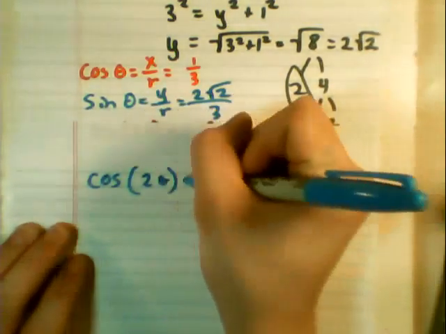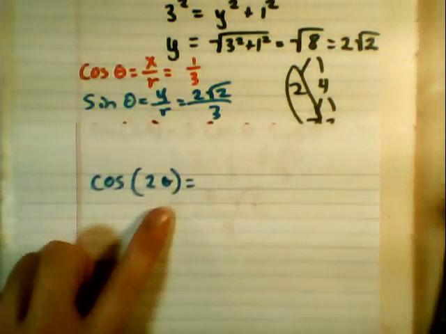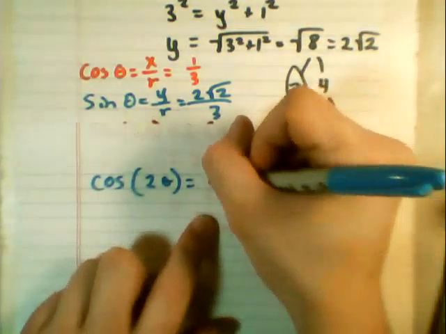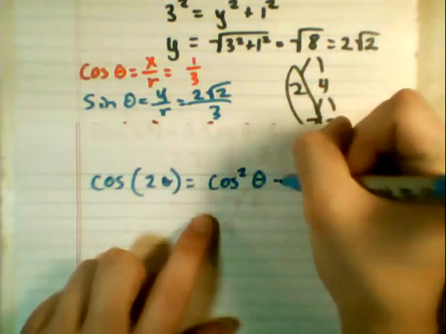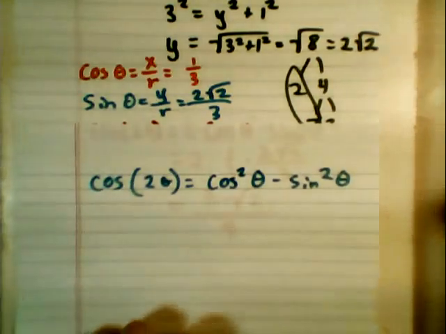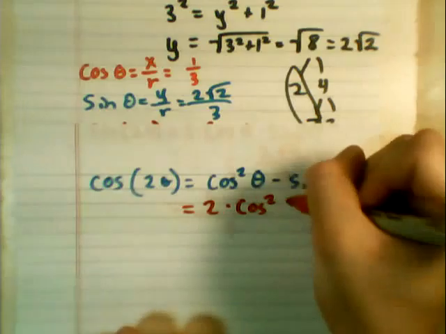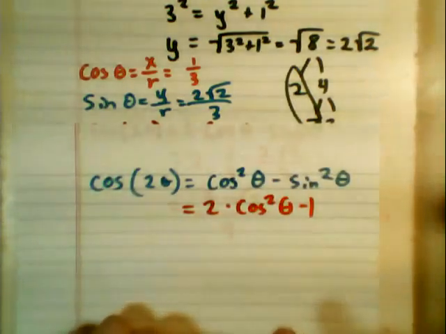If you look at your formulas, you will recall that this has 3 different formulas that you could use. There's one that's cosine squared theta minus sine squared theta. There's 2 times cos squared theta minus 1.